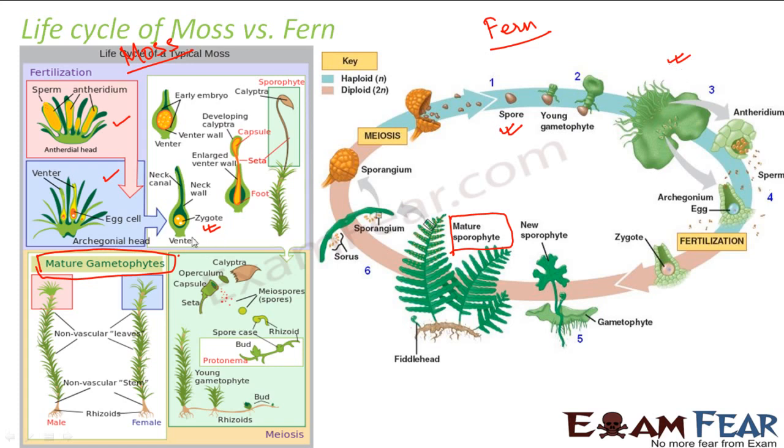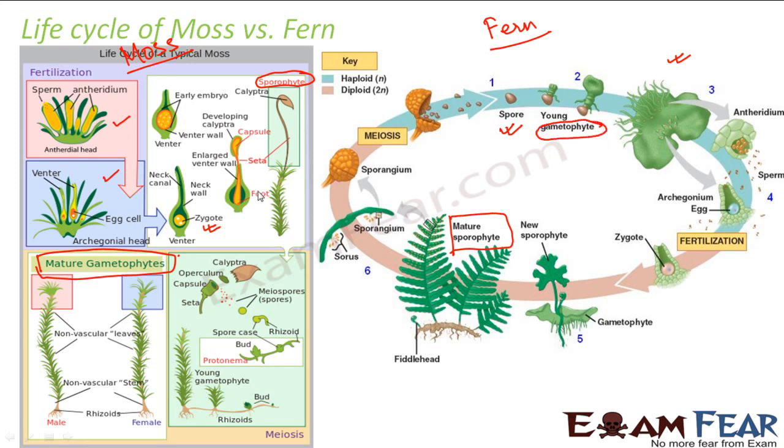But in this case, the process goes the other way around. First, a zygote is formed and then from the zygote, it will develop to form a sporophyte. Here the spores develop to form a gametophyte, right? So here, sporophyte is the intermediate phase. Whereas here, in this case, gametophyte is the intermediate phase.